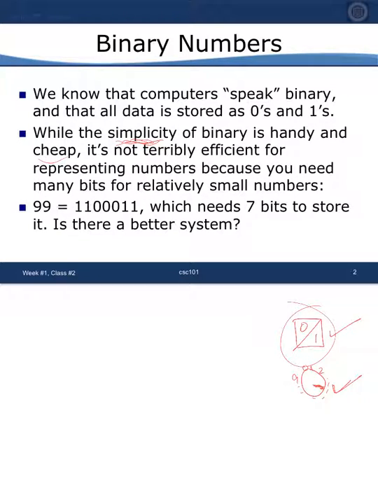Instead, the founders said, well, take a number like 99, which in our world we can write with 2 digits, you need 7 bits to write that number. Wouldn't 7 somehow seem less efficient?